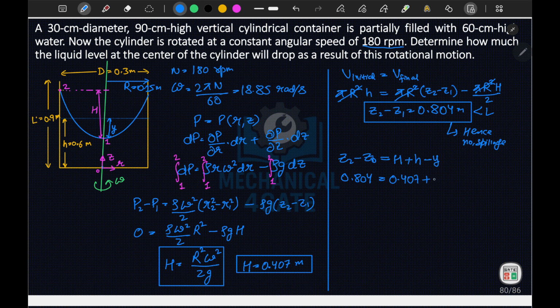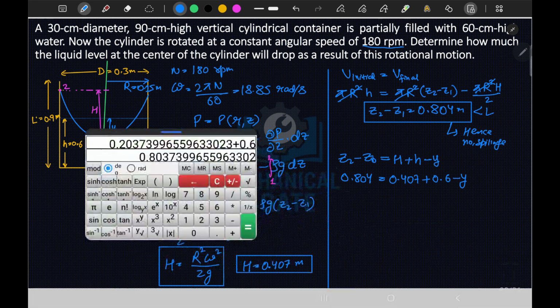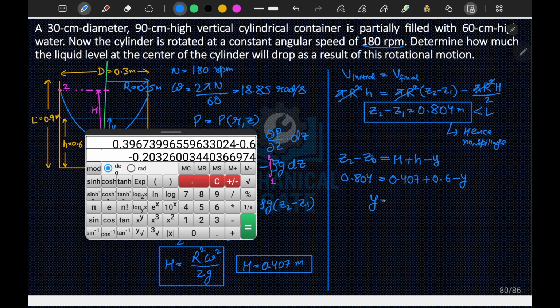plus 0.6 minus y. So this is 0.407 plus 0.6 minus 0.804, so your y is equal to 0.203 meter.